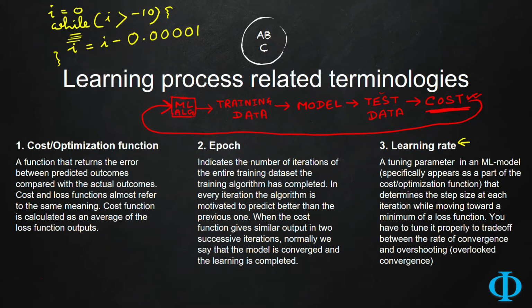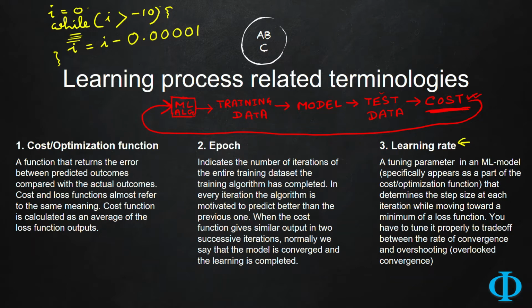Well, it will start from 0, it will end at minus 10, but this time there are significantly more iterations, right? So the process will take a huge amount of time. So the performance can be degraded.